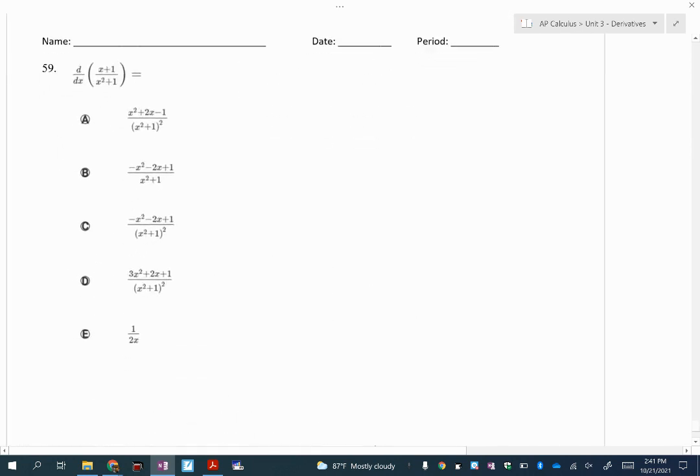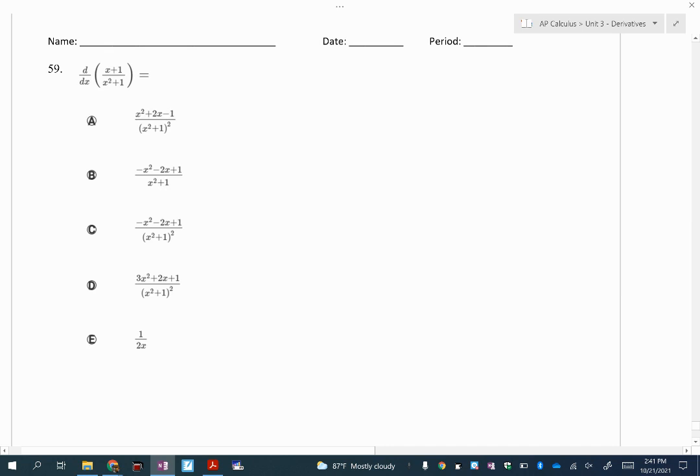Okay, 59. The derivative of x plus 1 over x squared plus 1. I'm going to use the quotient rule here, which is the derivative of the numerator, which is just 1, times the original denominator, minus the derivative of the denominator, which is 2x, times the original numerator, all over the denominator squared.